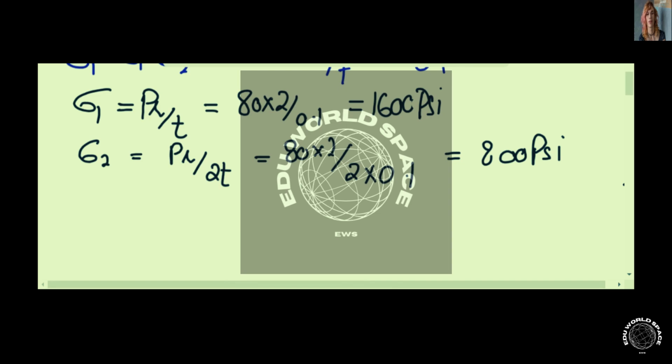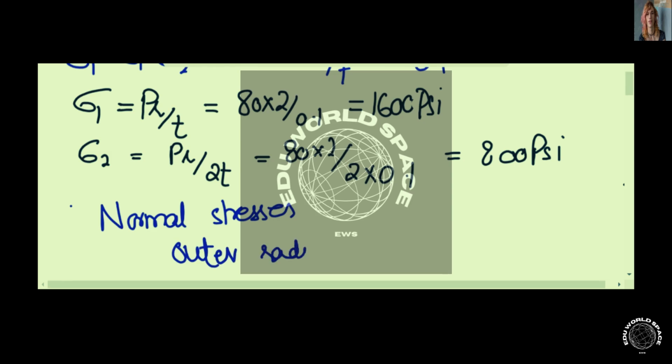Okay. So now we are going to find the normal stresses created by the axial force F. The outer radius would be R naught plus T, so that is 2 plus 0.1, which is equal to 2.1 inch.